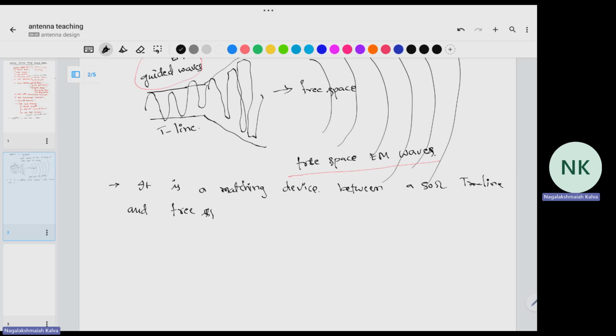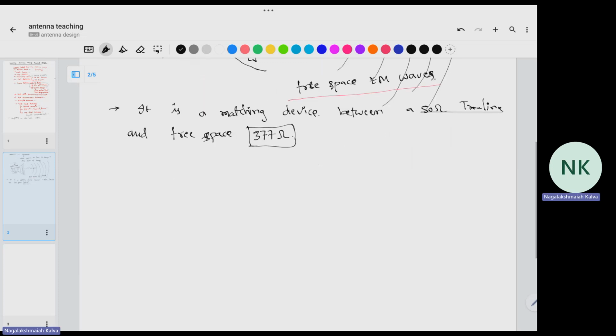Free space, which is like 377 ohms impedance. So you can directly say it's a transducer or an impedance matching device between a 50 ohm transmission line and free space. So this we can represent in the form of a circuit.